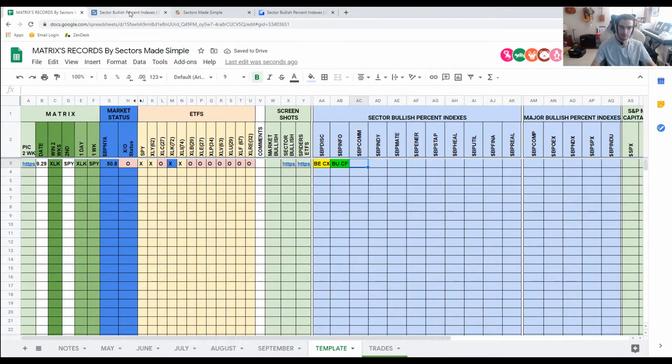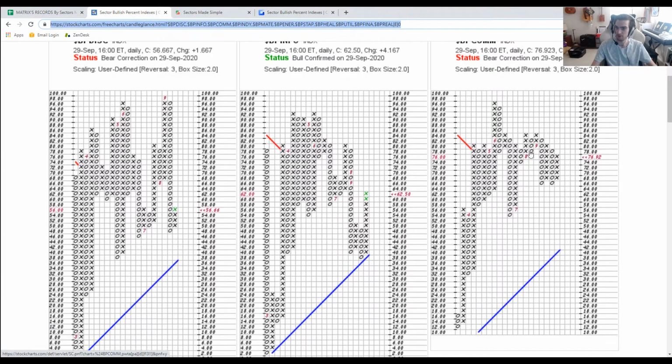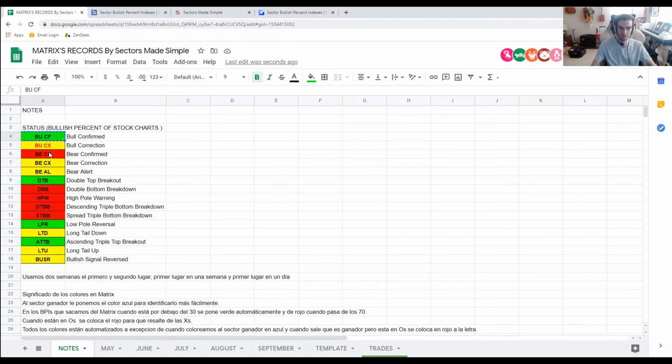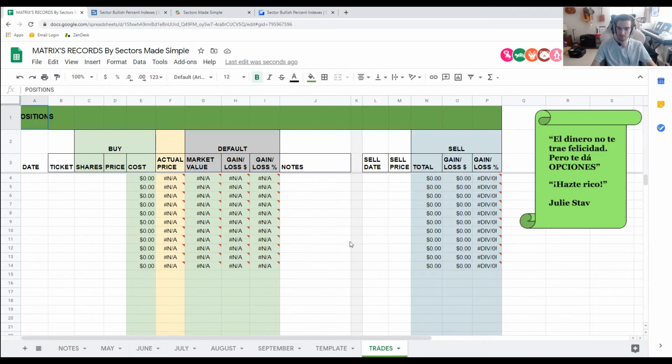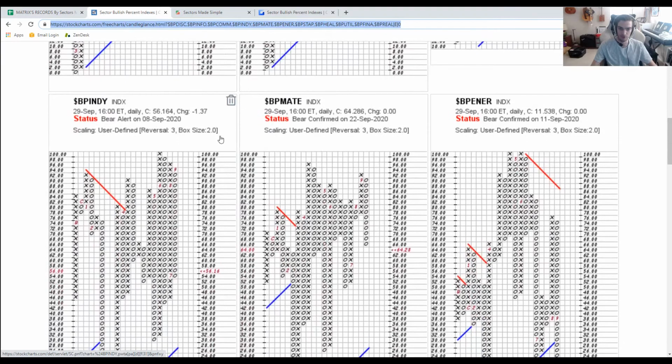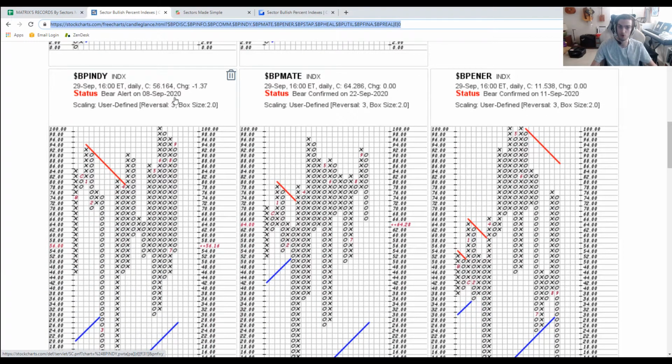Then we go to communications, bear correction, oops, that's the wrong thing. Bear correction. Industrials, no new alert, so we don't need to put anything there. All we need to do is put what column it's in, a column of O's.